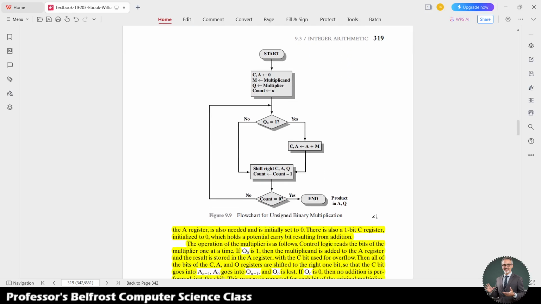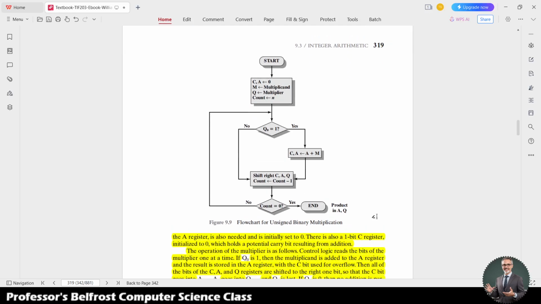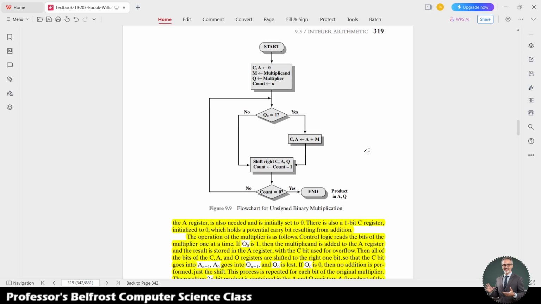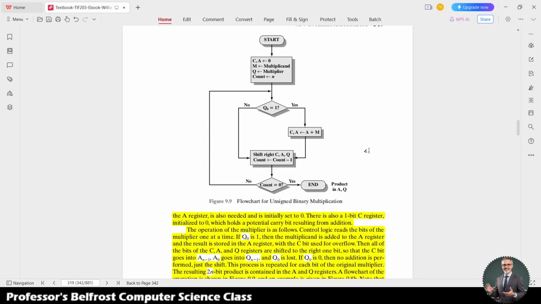So here's a flow chart of how to do unsigned binary multiplication by computer. So we have, I think, a counter and adder, and a multiplier count. I don't really understand what the shorthand of the CA thing is, but here's the flow chart. Maybe you can pay attention to it.